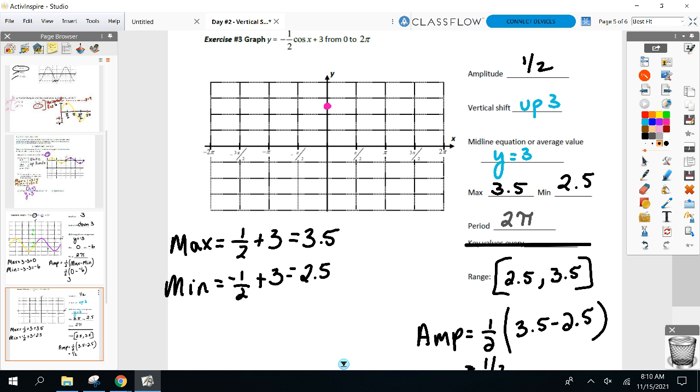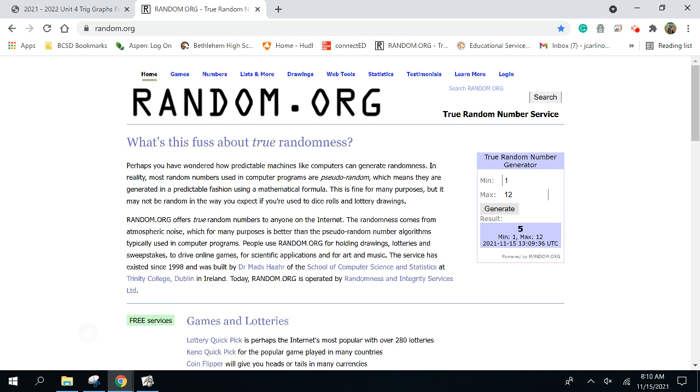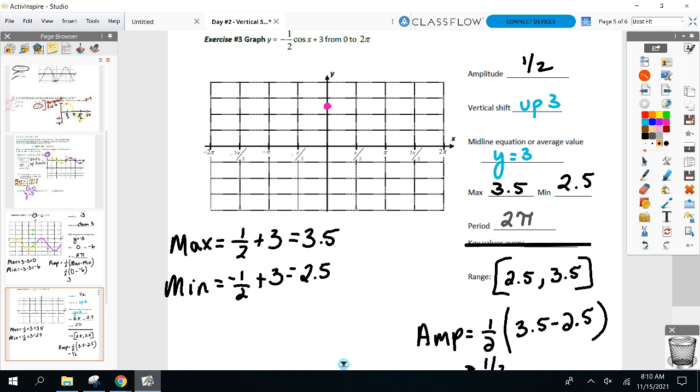All right, keep talking to me. Usually starts at the max. What's the next destination for cosine? Usually it goes to 0. What's our new 0 here? I'm not putting the point here because I got a shift. What's the shift here, guys? Up 3.